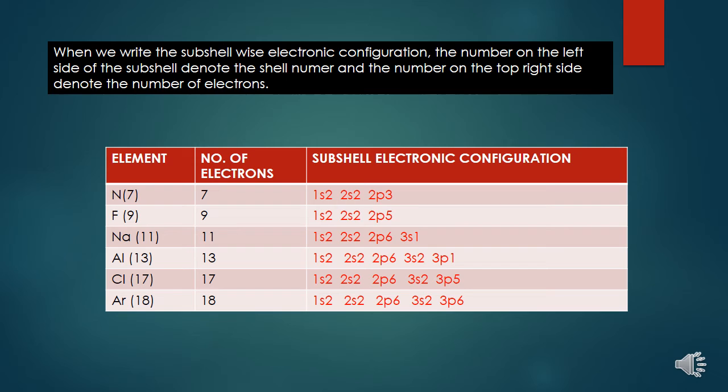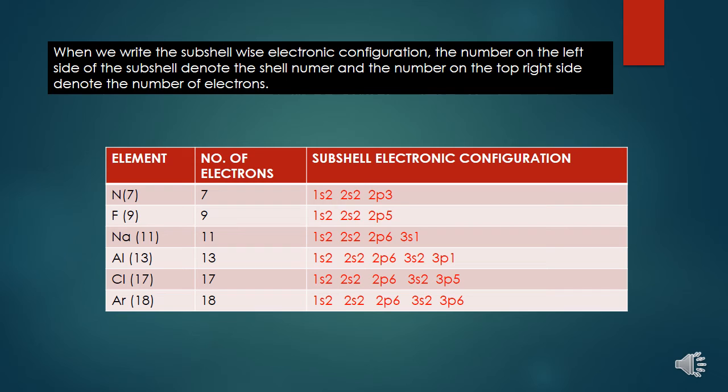Here the subshell electronic configuration is written 1s2, 2s2, 2p3. Consider 1s2 only. The leftmost 1 is the shell number, and the top right 2 is the maximum number of electrons that can be accommodated in that subshell. Okay, now look at the table.